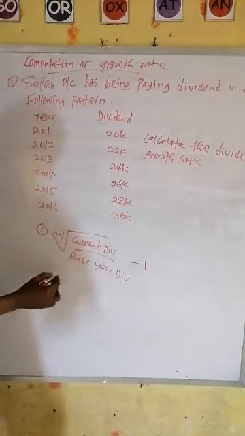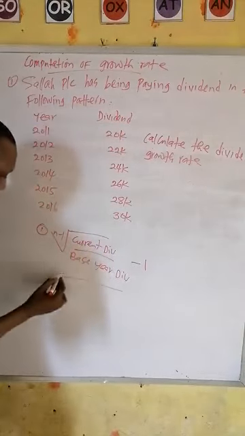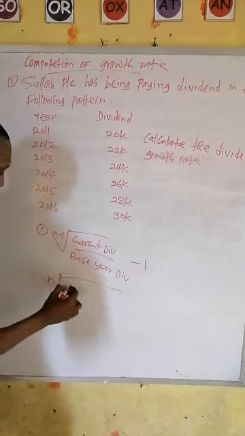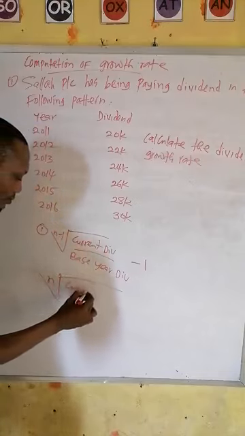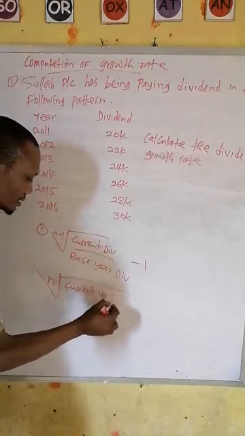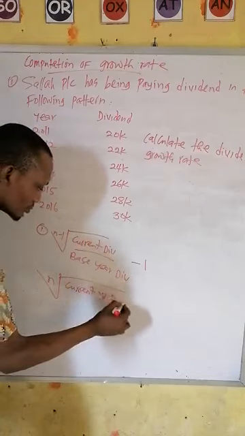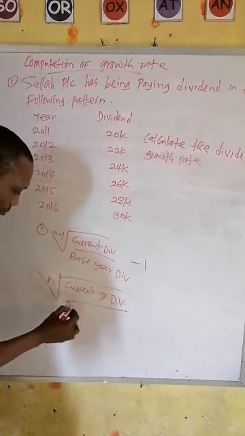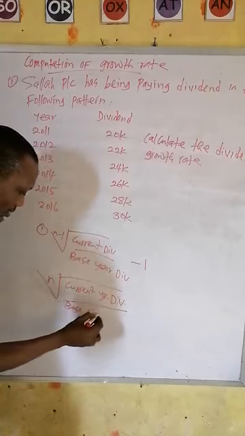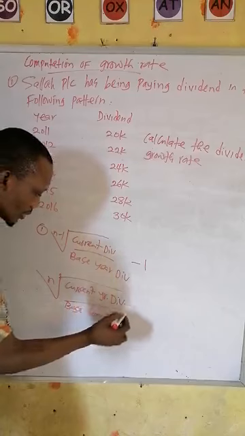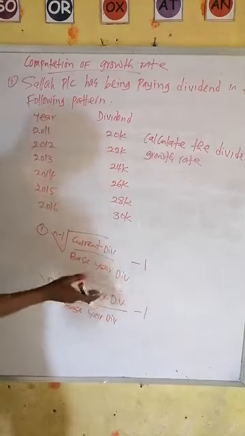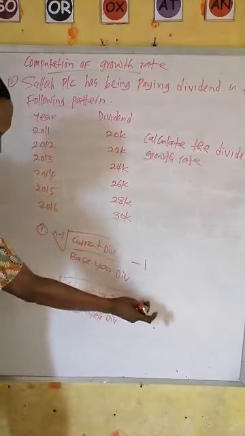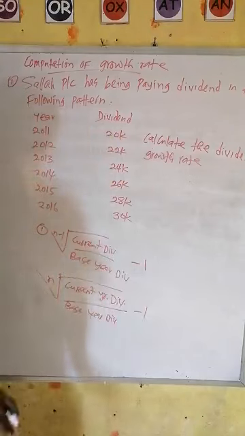Or this can be written as n-th root of current year dividend over base year dividend, everything minus 1. You can see my square root does not cover the 1; the 1 is standing alone.